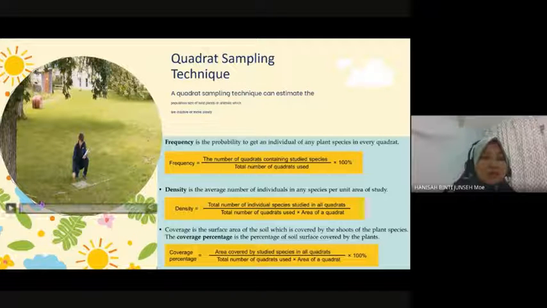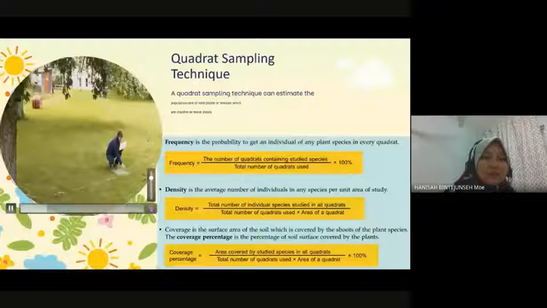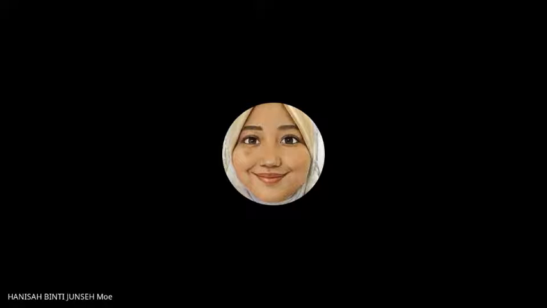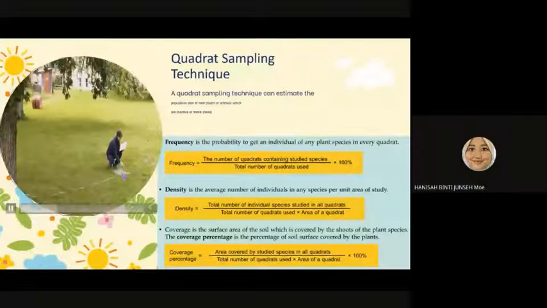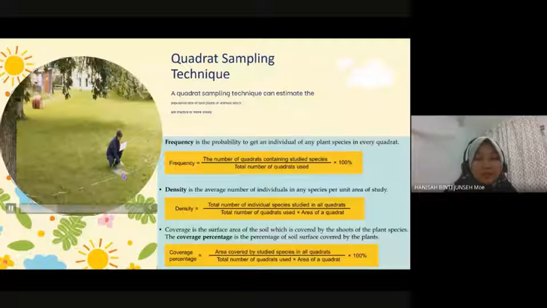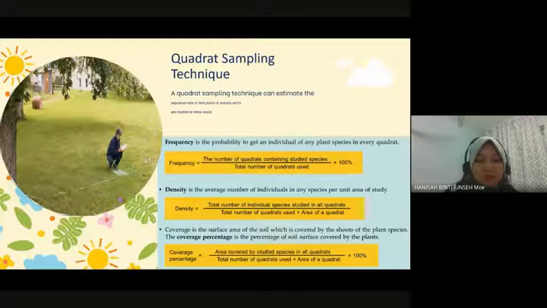So okay, you can see this, what the person holds here is a quadrat, and what you can see is that they use it to count. Okay, let me pause that first.